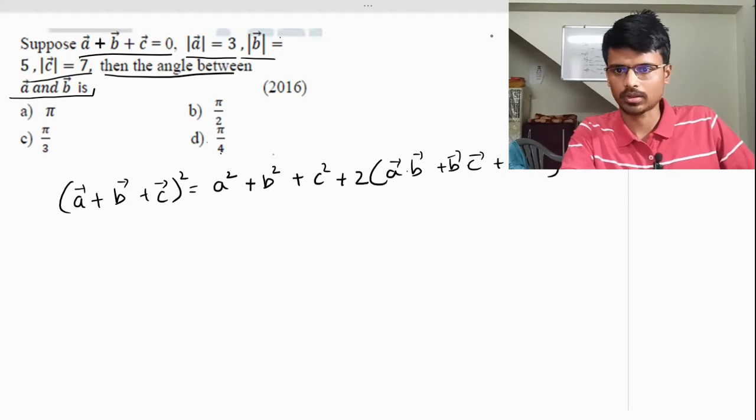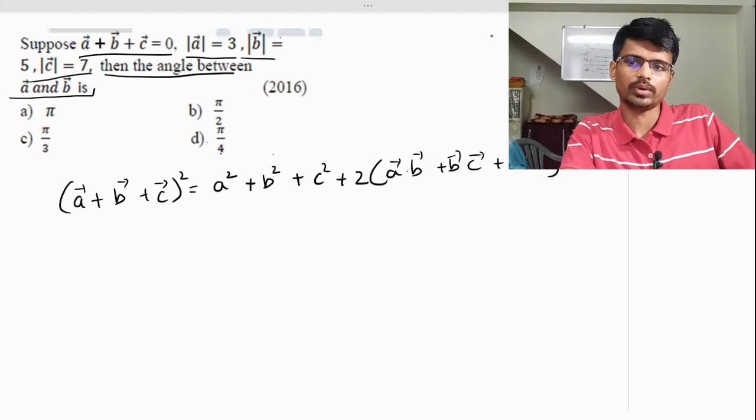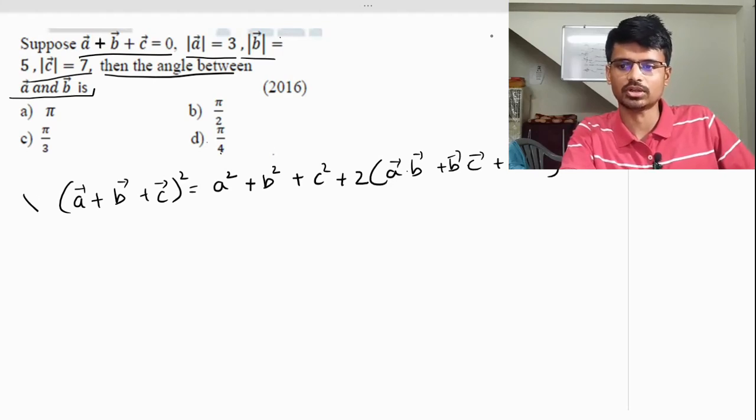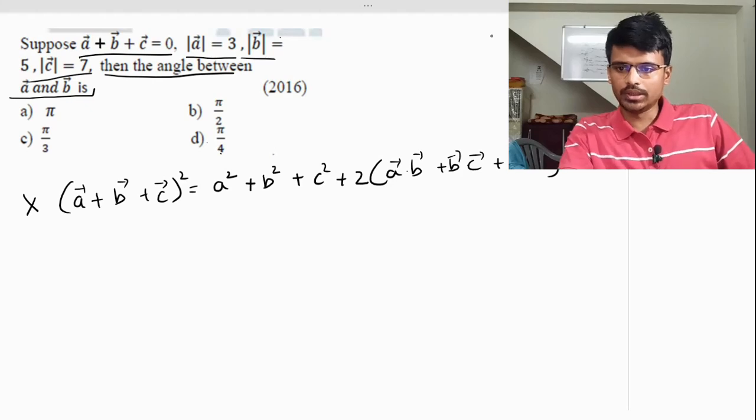Okay, now the question is asking us what is the angle between a and b. Okay, this expression is not required. Here we need to just transform this equation slightly, right?